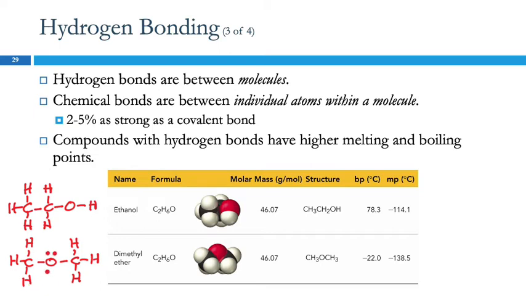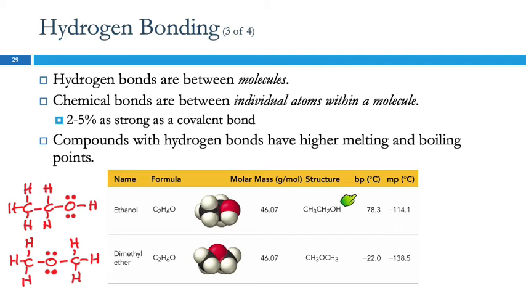Because the oxygen has lone pairs. Both of these contain oxygen and hydrogen. But in dimethyl ether, the oxygen is not bonded to the hydrogen. So we don't get that extra strong force called hydrogen bonding. Here, oxygen is bonded to hydrogen, and so this will do hydrogen bonding.